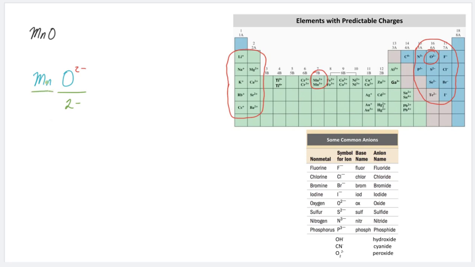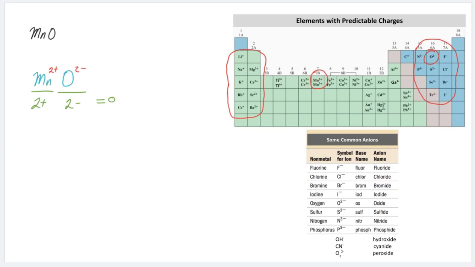That means that manganese has to be 2 plus. They have to be 2 plus because these charges need to cancel out. Notice that my formula has no charge, so these are canceling out. So my manganese here is going to be +2, and in fact the table is indicating that manganese can be +2.